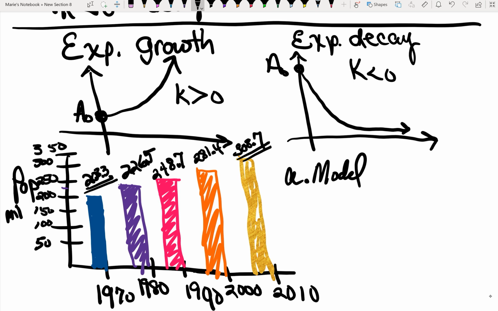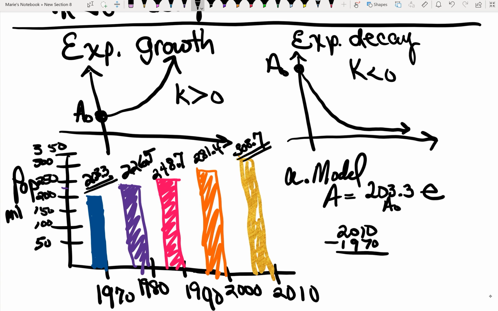So we know that we're going to have the future value, which is going to give us 203.3, which is our initial value. So this is the a sub 0 part of the formula. Natural base e, that is just what it is. We know the difference between 1970 and 2010, so if we take 2010 and take away 1970, the difference in time is 40.